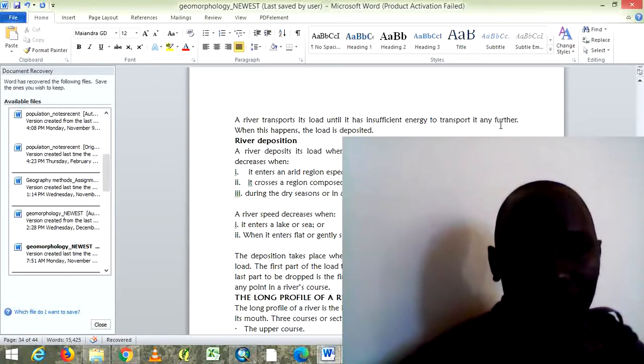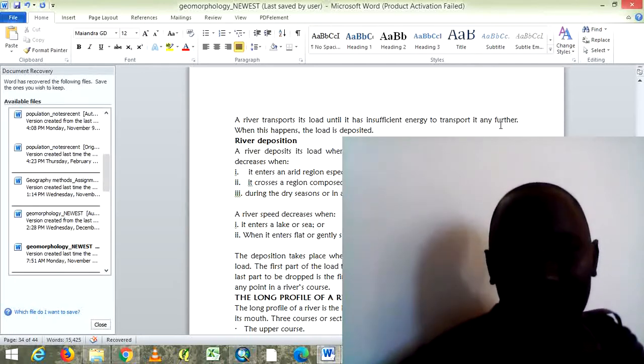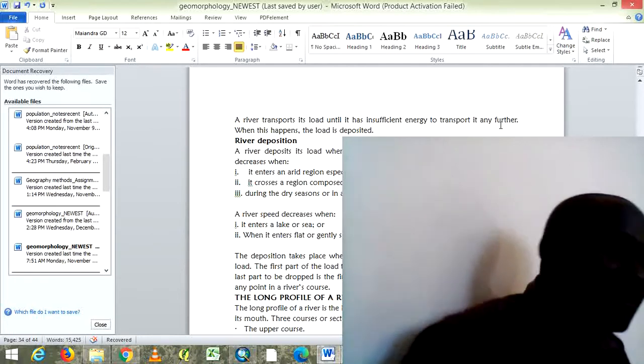When the speed of flow is high, then it means the river has got the ability to carry materials to the lower elevation, to the mouth. So this takes place at any point in the river's course. When it loses its energy, this material is taken to the river's mouth.